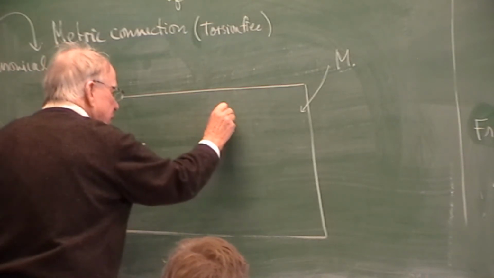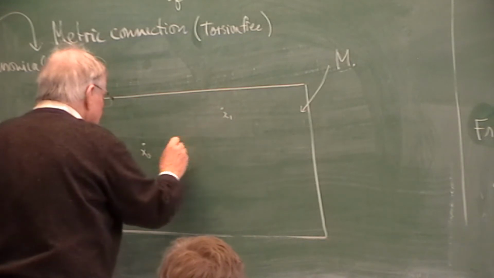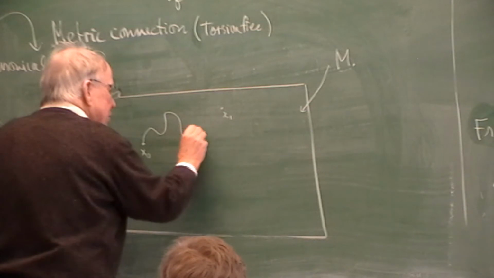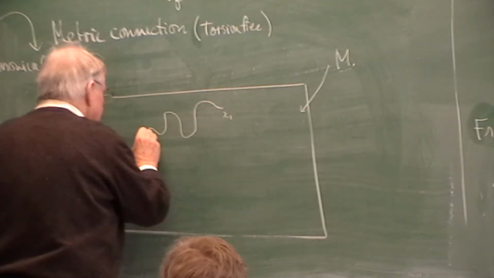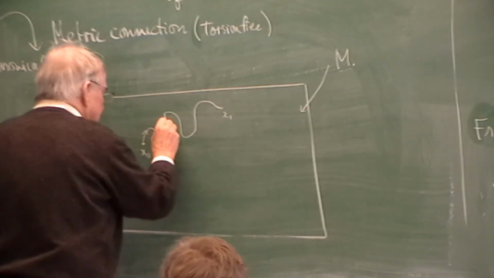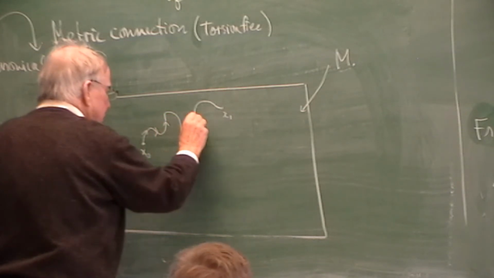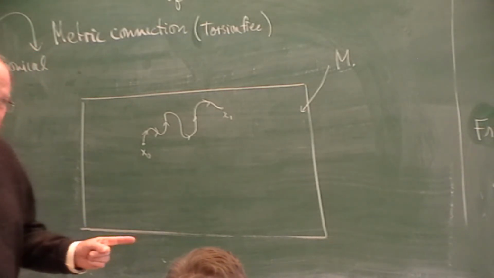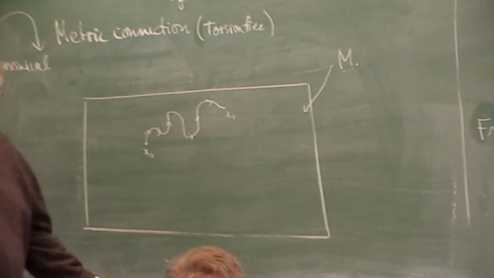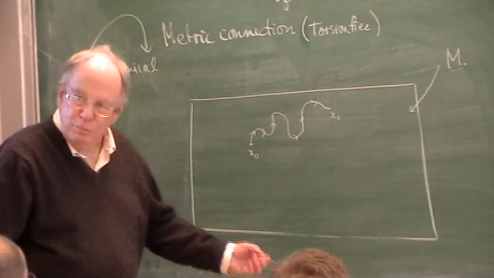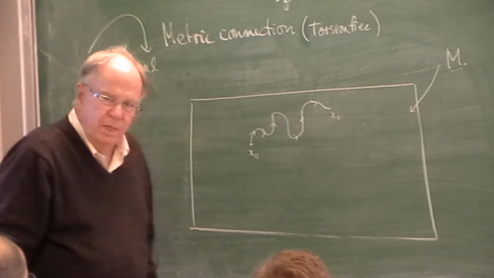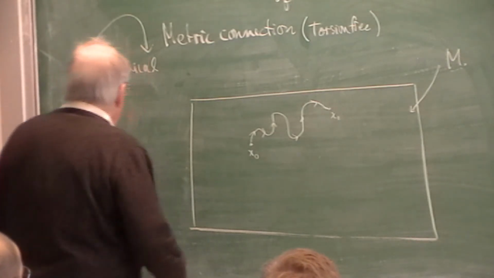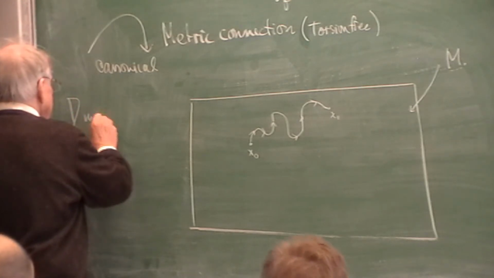And I have another point on the manifold, x1. And I connect these points with a curve. And everything I just said there has nothing to do with Riemannian geometry, does it? It's just a point on a manifold and stuff like that, right? Okay. Let's take nabla to be the metric connection, whatever that is.